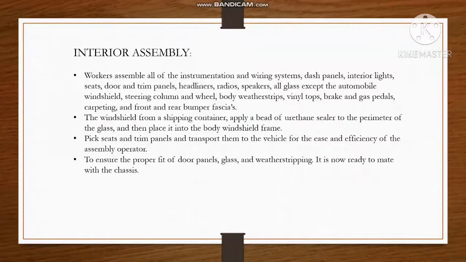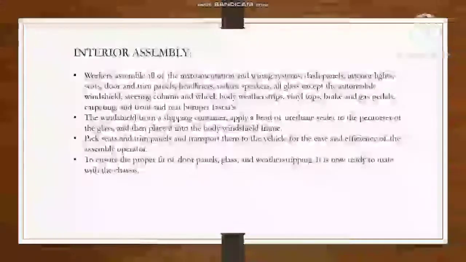To ensure the proper fit of the panels, glass and weather stripping, the shell is given a water test. It is now ready to mate with the chassis.